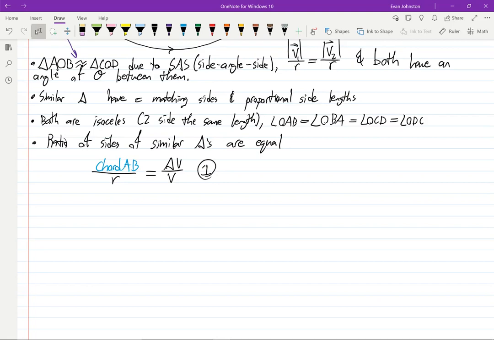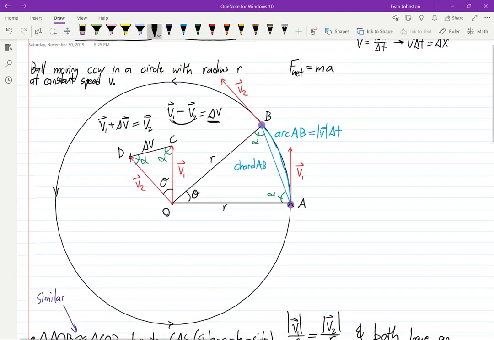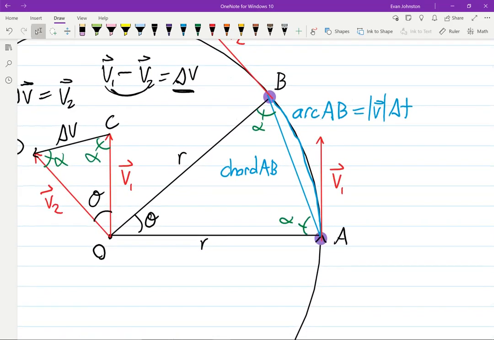Now, what I want to look at is this big triangle, in the case where this side length right here starts collapsing down. It's coming closer and closer down here, like the cover of a book closing.